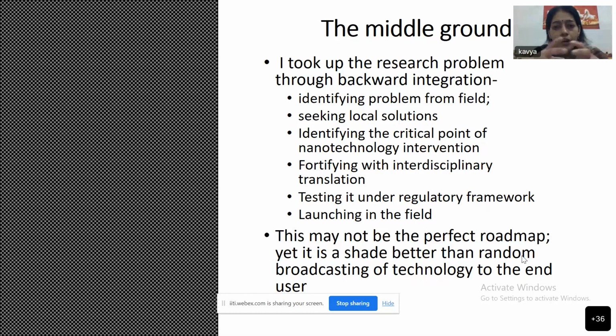So I tried to find a middle ground, where I decided to find a research problem and hypothesize it through backward integration. That means I identified a problem from field. I sought the local solutions. That means the problem was existing ever since. How local people were trying to find the reasons.